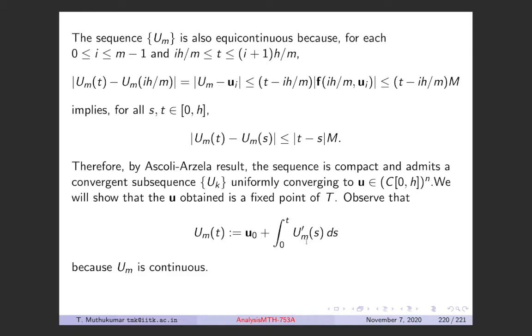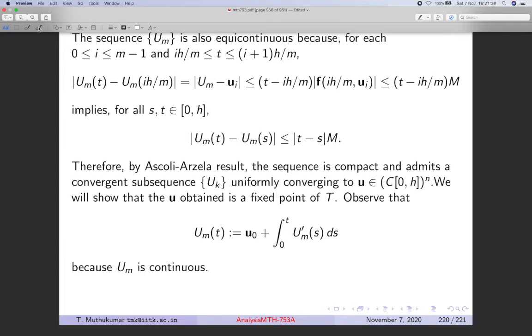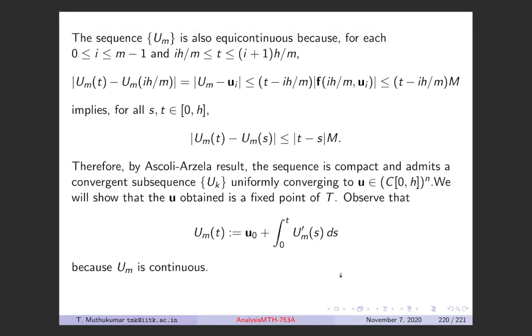Because if u_m is constructed like this, it is differentiable except at these points, and u_m prime is some kind of constant. I can write u_m as an integral of this piecewise differentiable function.